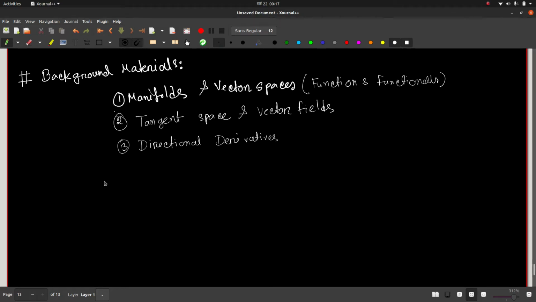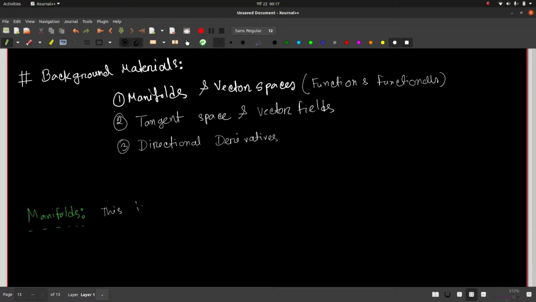So first we want to discuss manifolds. So what is a manifold? That's the first question. A very hand waving or non-rigorous definition would be: a manifold is such a space that locally looks Euclidean.